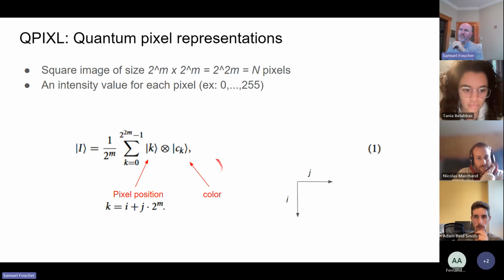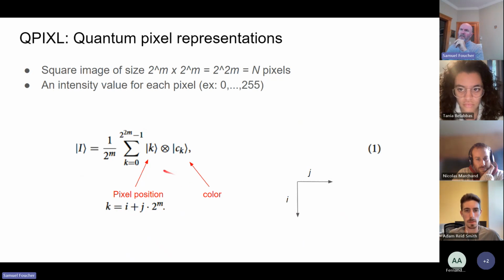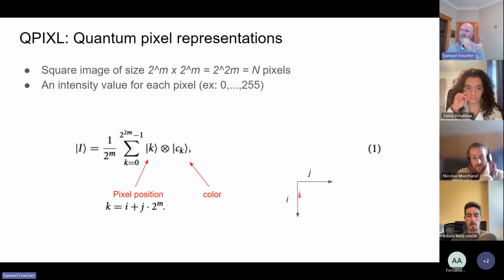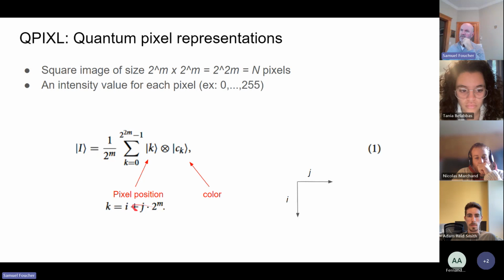The way they do it is they use this general equation with qubits. The k qubits will encode the position. You have 2 pieces of information on an image. You have the position of the pixel, so we have two indexes: I is the index for the rows, and J is the index for the columns. They simply take the lexicographic order, which is taking the index of the pixels within that matrix.